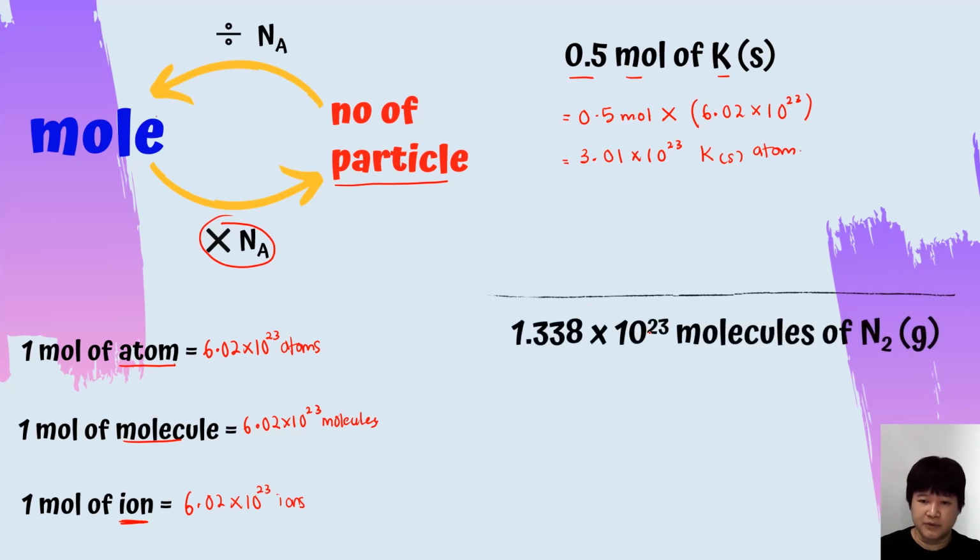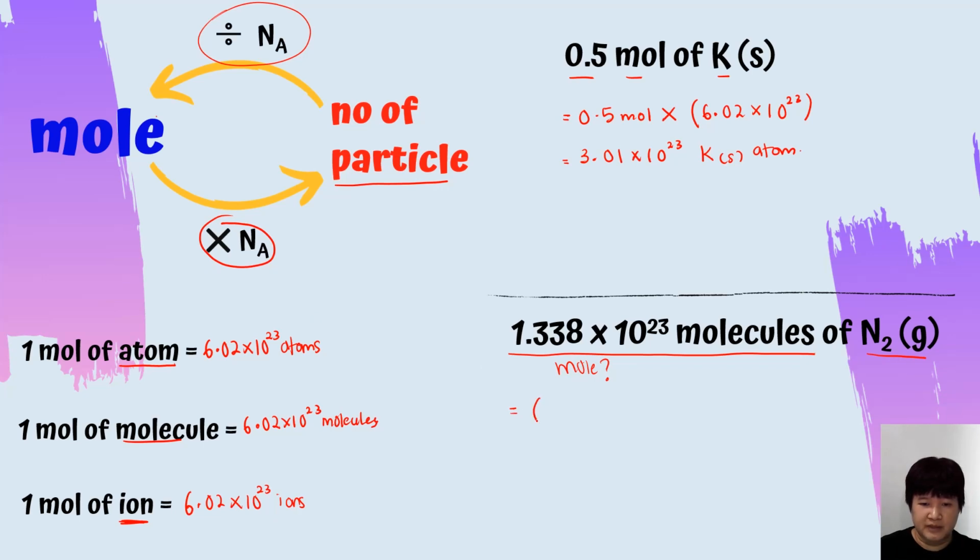The next example that we have is the question gave you the number of molecule of nitrogen gas but asking for number of mole. So how can we convert the number of molecule to number of mole? Number of molecule is the number of particles, and changing to the mole means we divide with the Avogadro constant.